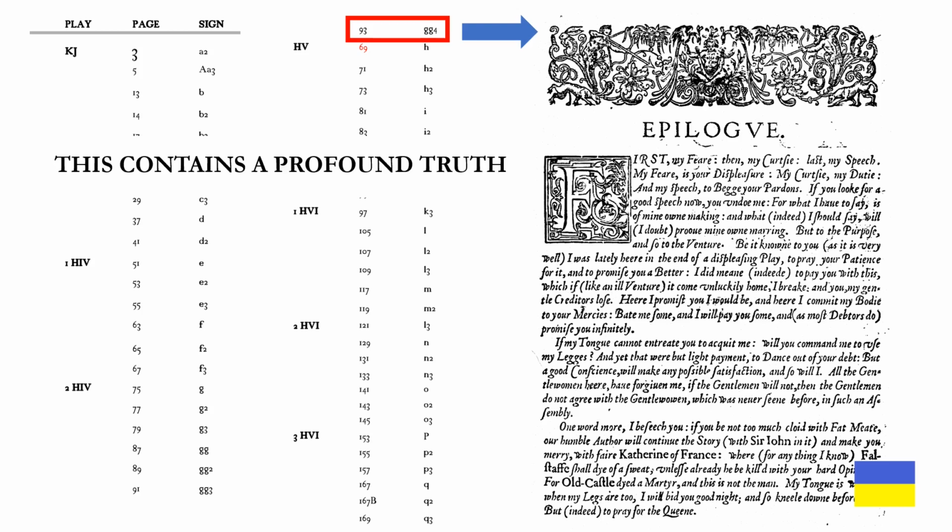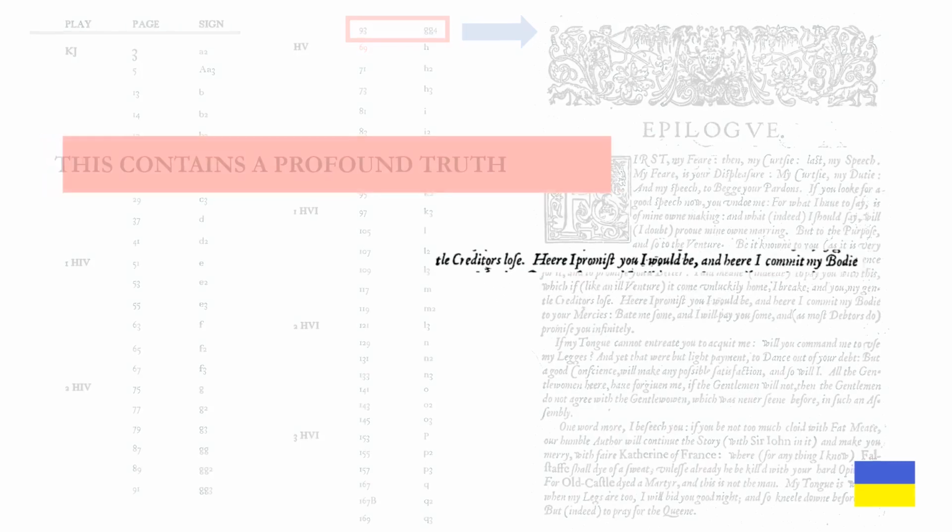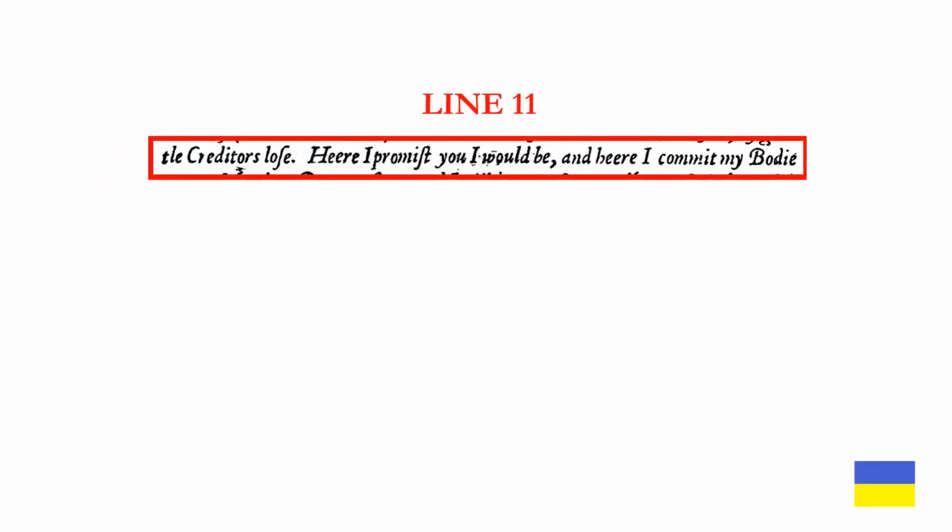Before we get into the body of it, I'm going to look at a single line and do a simple gematria sum. We're going to look at line 11. It reads in part, "Here I promised you I would be, and here I commit my body."